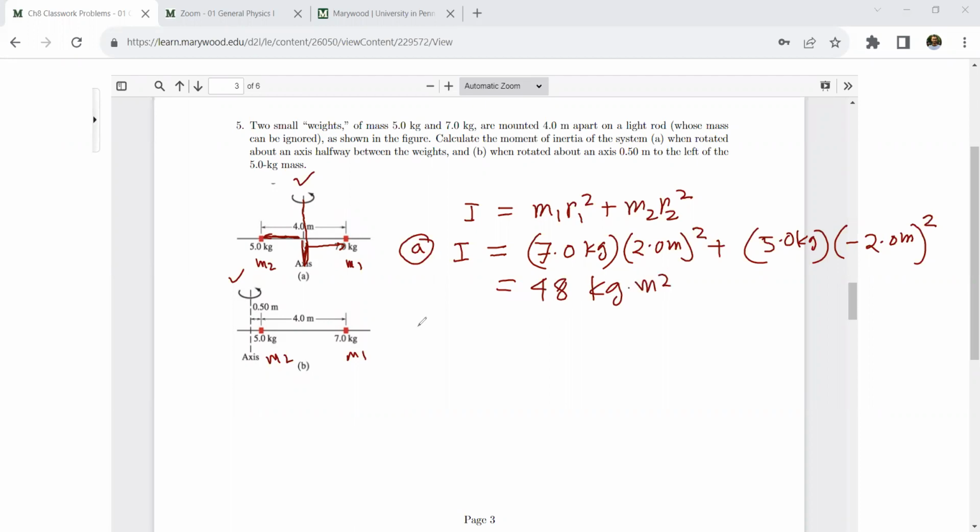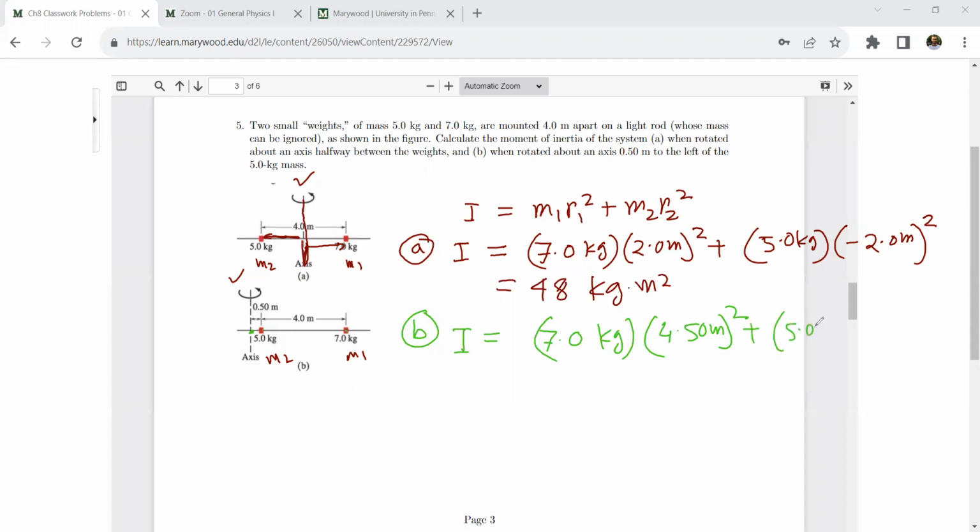All right, and number B is a similar thing. So this is M1. From the axis of rotation to M1 is 4 meter, plus you see that between this and this is 0.50 meter. So it will be 4.50 meter squared for M1.